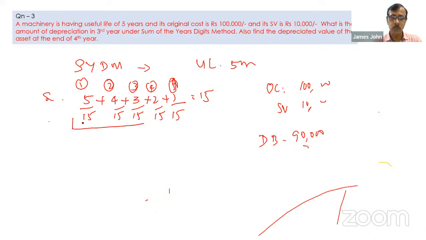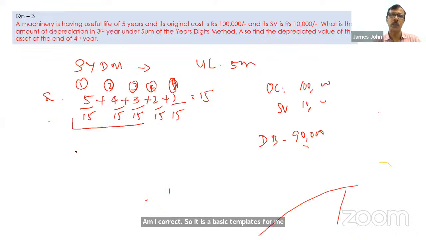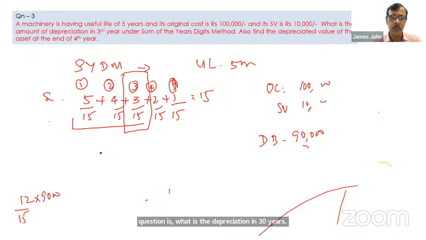So it is 5 by 15 plus 4 by 15 plus 3 by 15, that means 12 by 15. So the fraction will be 12 by 15 of the base. Here, that is not the question. Here, the question is, what is the depreciation in third year? So, third year means 3 by 15.